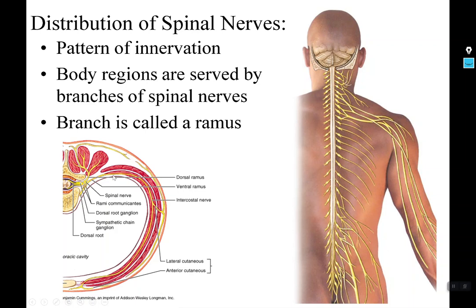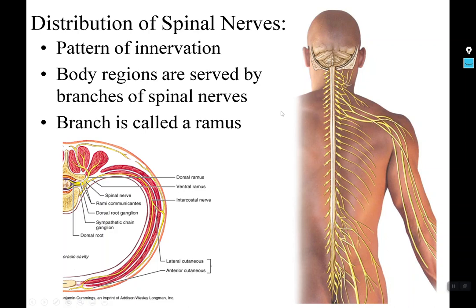And the ventral ramus innervates the intercostal muscles and also the skin of the lateral and anterior thorax for sensory purposes. So this is just reflective of our body plan. We have to innervate both the front and the back, and so there has to be a dorsal and ventral ramus.